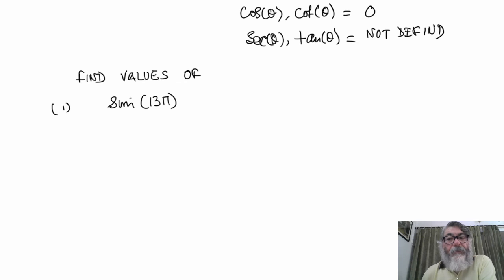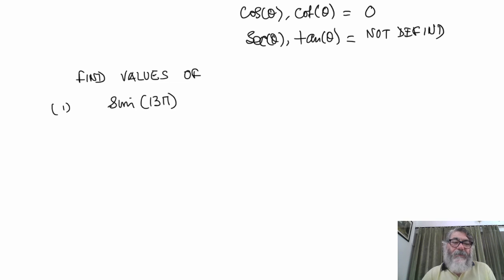Now, it is an odd multiple, sine 13 pi. Where will it fall? It is going to fall on the x-axis, because even multiples of pi fall along OX and odd multiples of pi fall on OX dash. And sine 0 is 0.